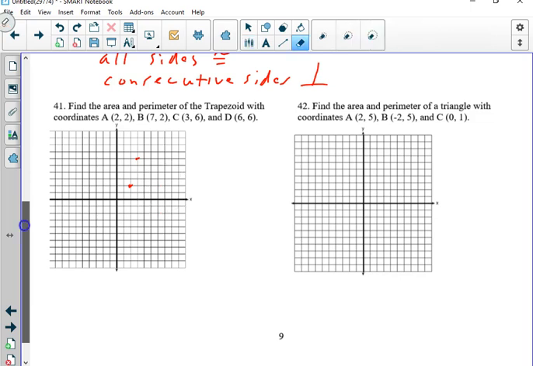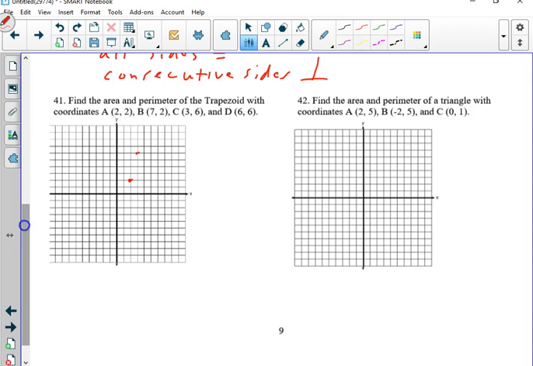That's 6, 2. 1, 2, 3, 4, 5, 6, 7, 2, 6, 6. All right. Find the area and the perimeter.